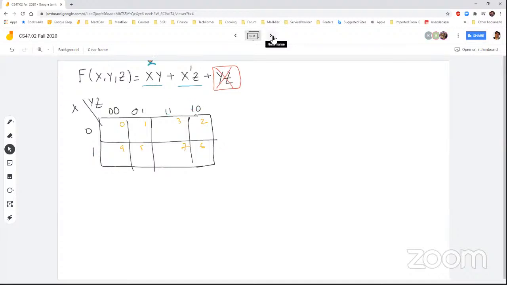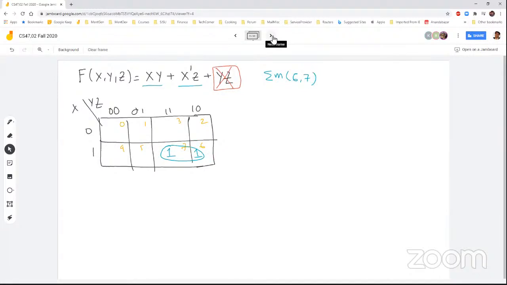So it must be this one, 7, 6. So this is sigma m 6, 7. That must be one prime implicant.